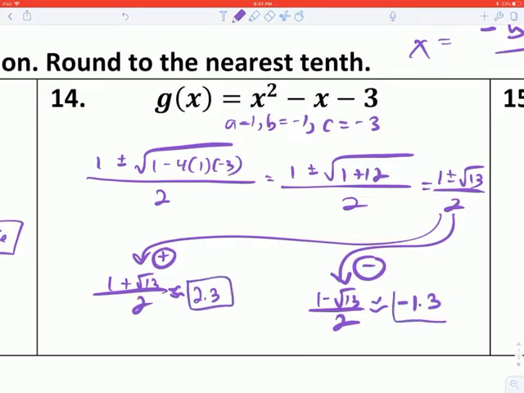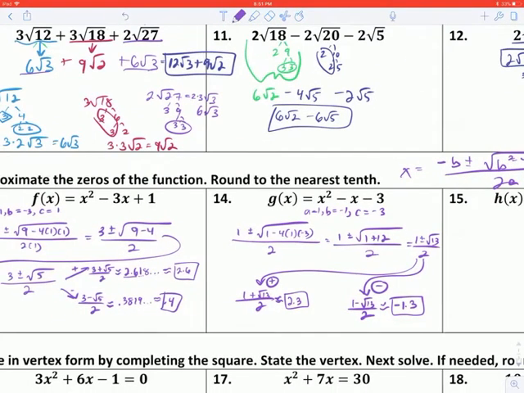So these are my two roots. And now, oftentimes we could just leave it in the plus or minus version that we have right here. However, this is more convenient if I'm trying to actually graph.